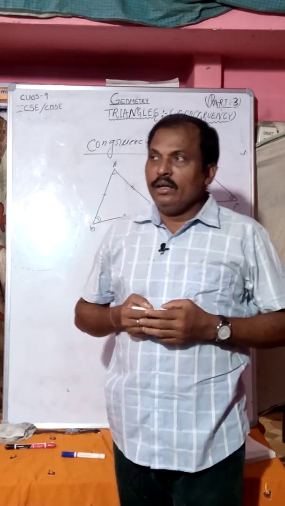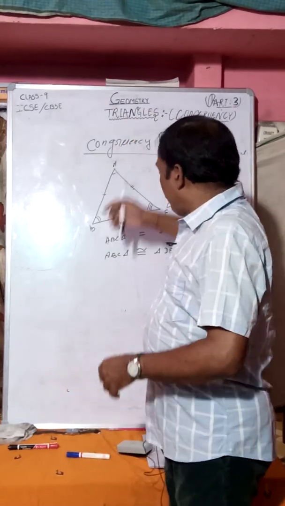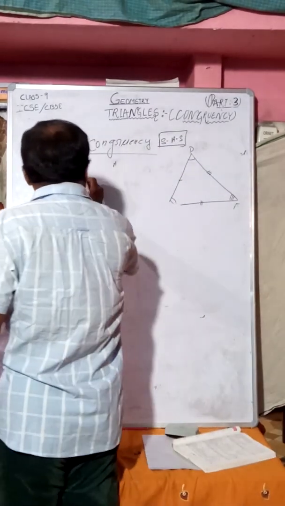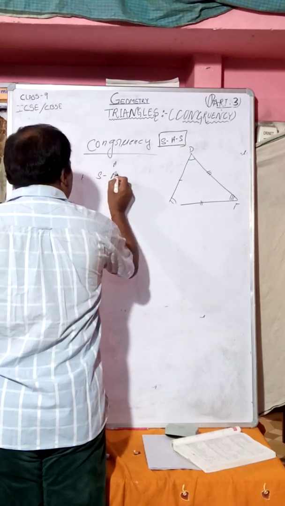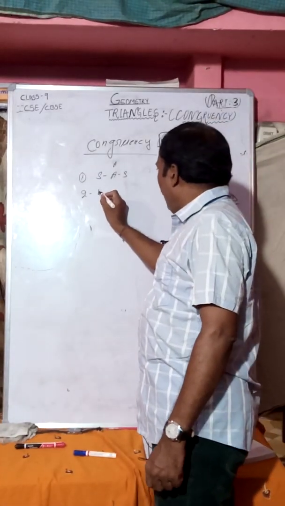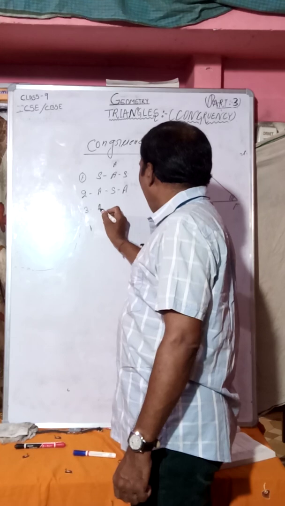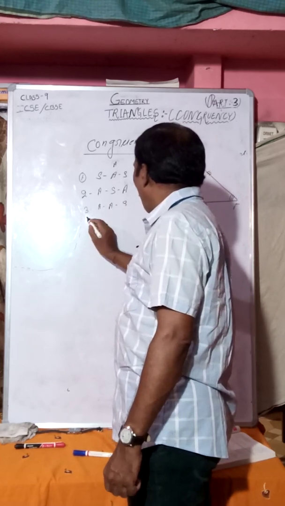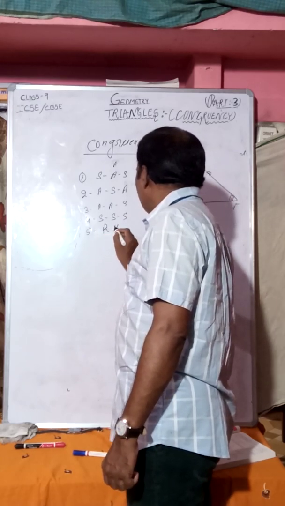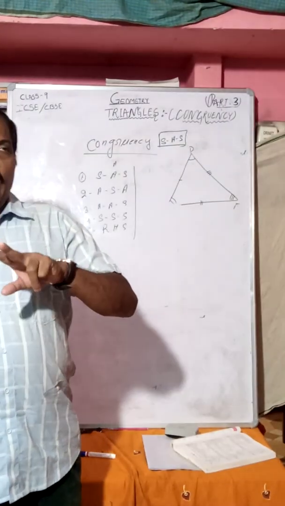The second condition is ASA, the third condition is AAS, the fourth condition is SSS, and the fifth condition is RHS. By these five conditions, two triangles are congruent to each other.